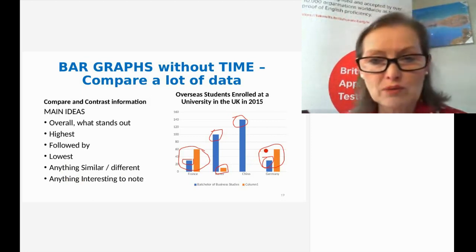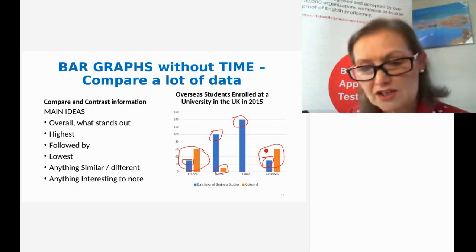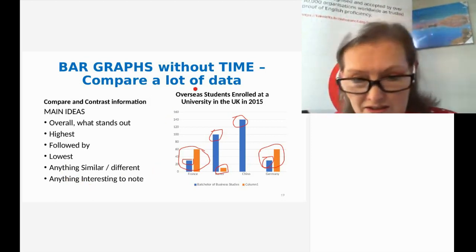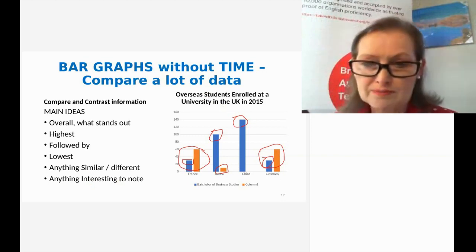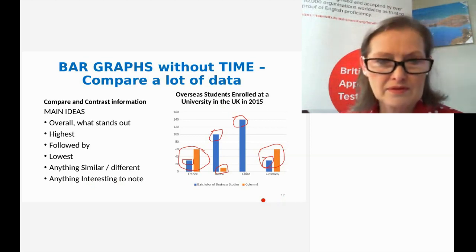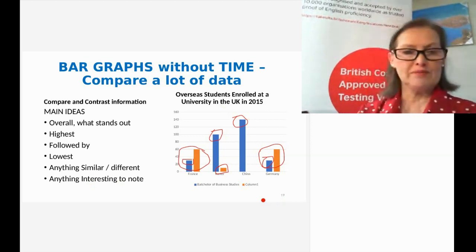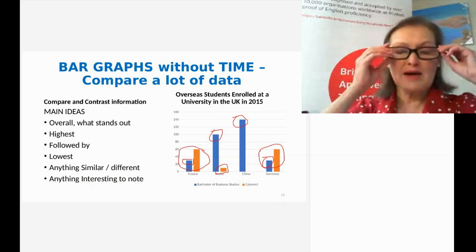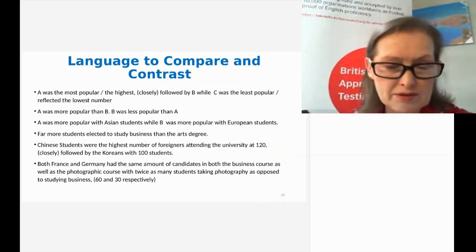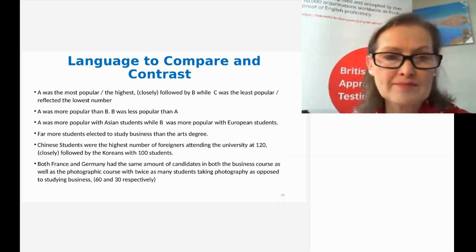We might want to note that in the case of Chinese students, no Chinese students were interested in taking the photography course. So if you can make a screenshot of this slide, I've just put together a couple of sentences to talk about that particular line graph.